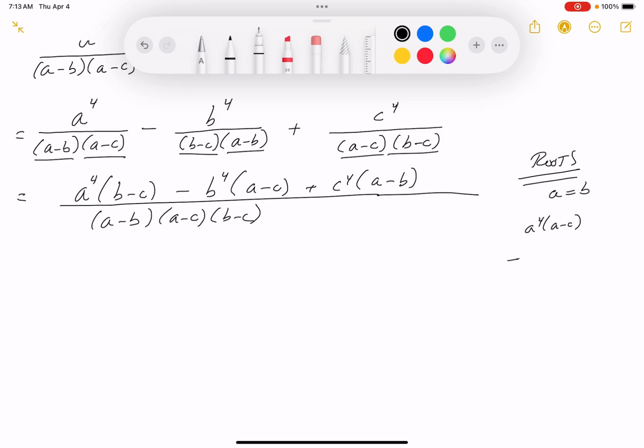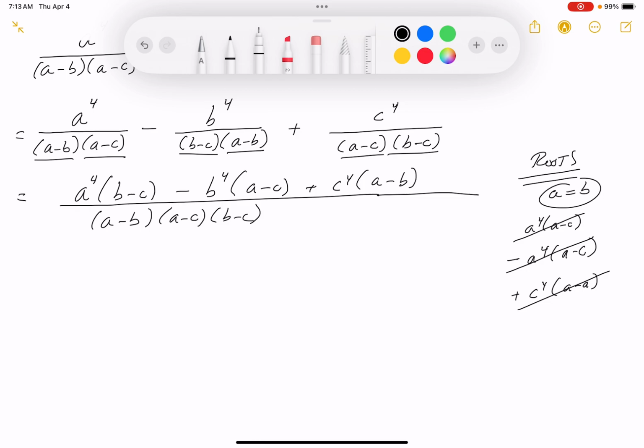Minus, well, the B^4 would be A^4 now, times A minus C. And then if I look at the last term, what would I get? I would get plus C^4 times A minus A. What I notice about this is that it cancels off. I mean, this and this are identical, and this is just 0.